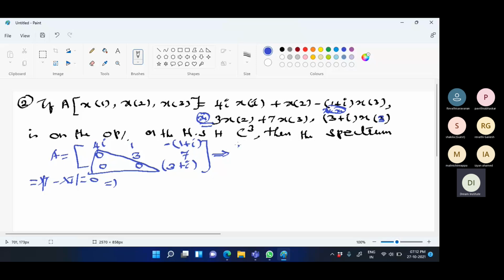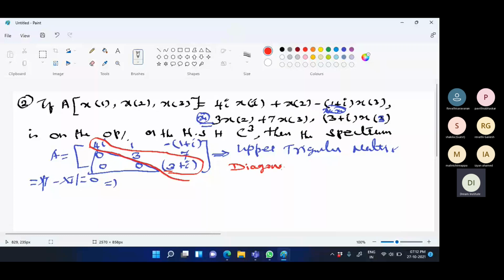For any upper triangular matrix, the eigenvalues are the diagonal elements. Whether it is an upper triangular or a lower triangular matrix, its eigenvalues are simply the diagonal entries. So the spectrum sigma of T is equal to 4i, 3, 3 plus i.